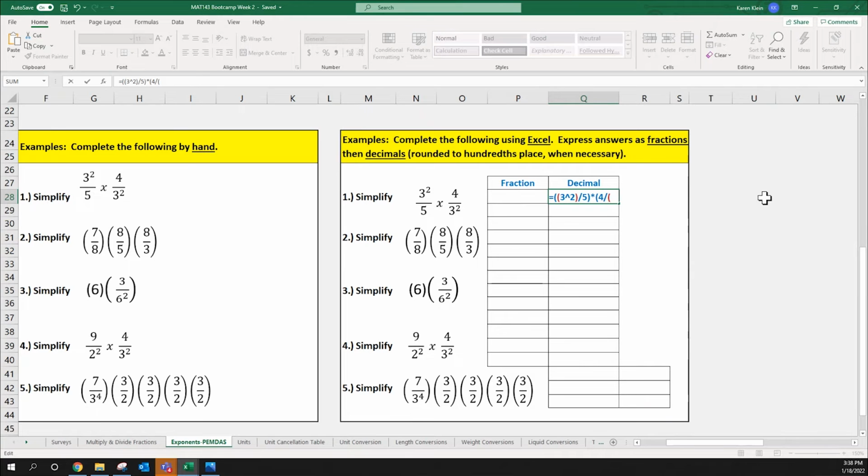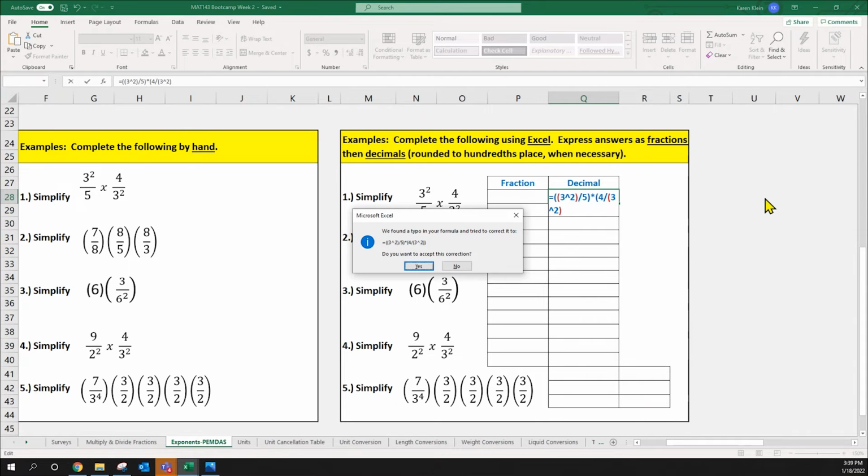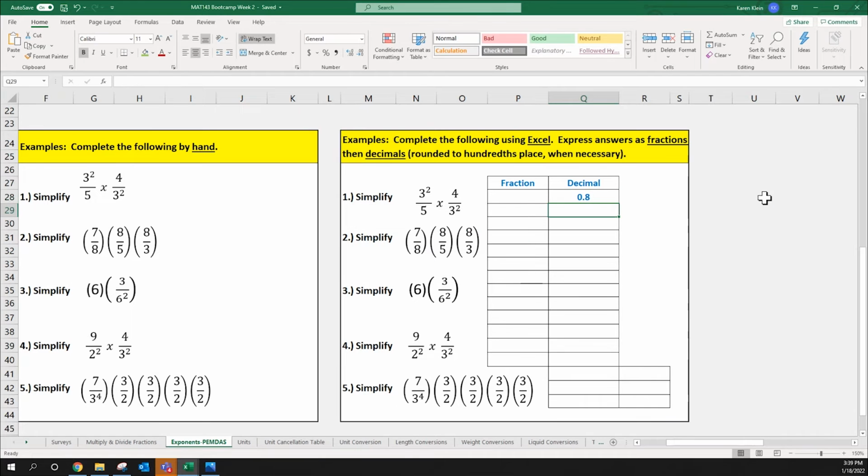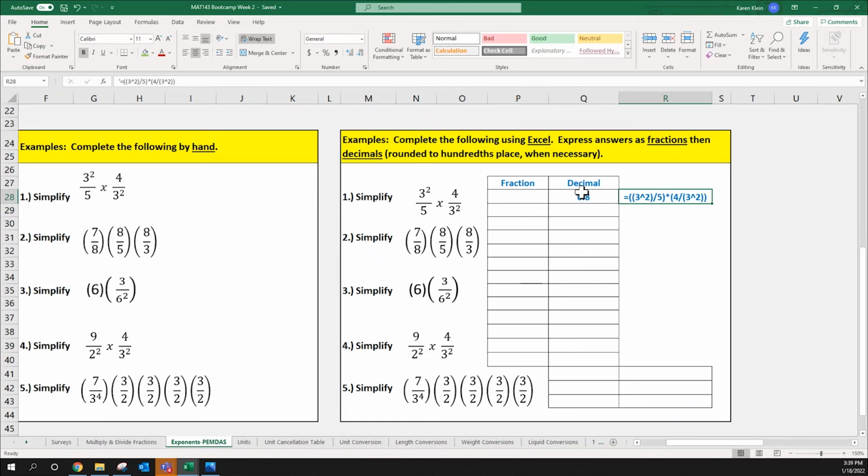and it's nice that Excel changes colors for you. It shows you where those parentheses are matching up, and we have 3 squared. And I did not add the closing parentheses, so it says, hey, I'm going to do that for you. And let me just expand that out so you can see how I entered that in.